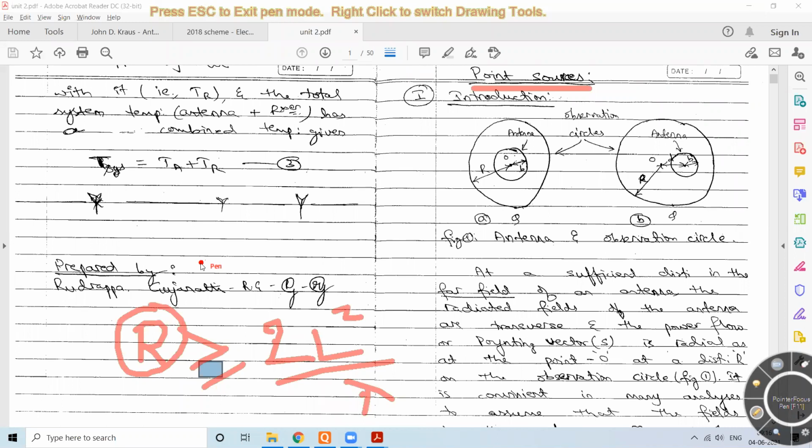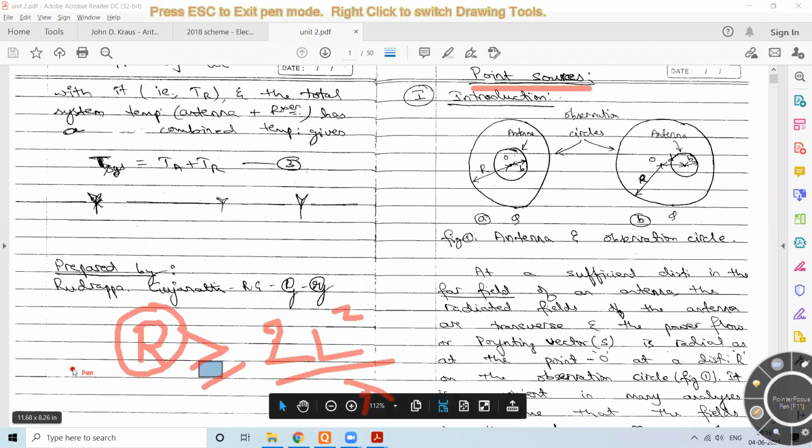Based on this condition, we decide whether the observation point is in the far field or the near field, the Fresnel zone or the Fraunhofer zone.